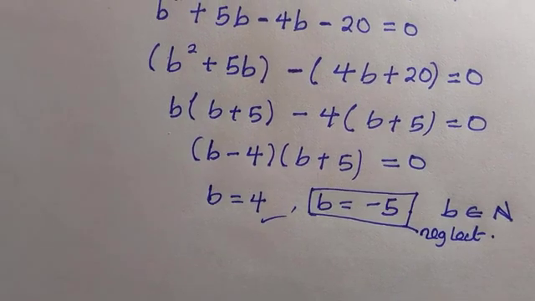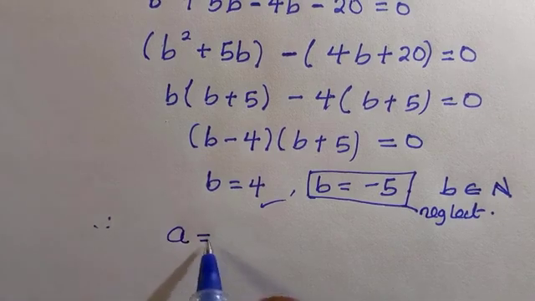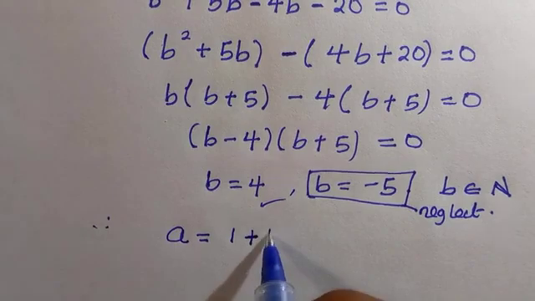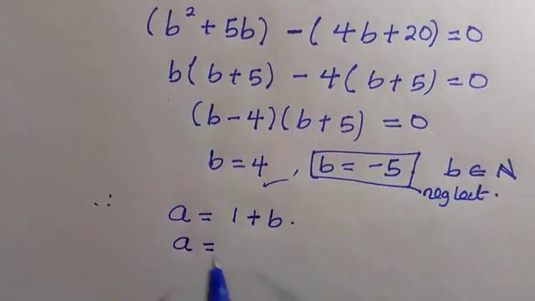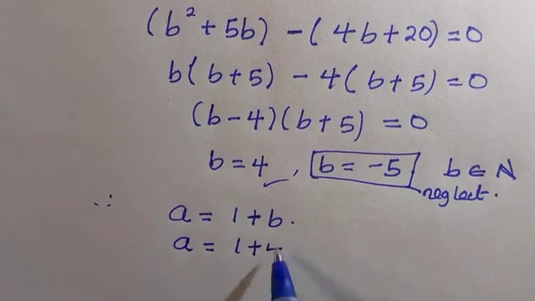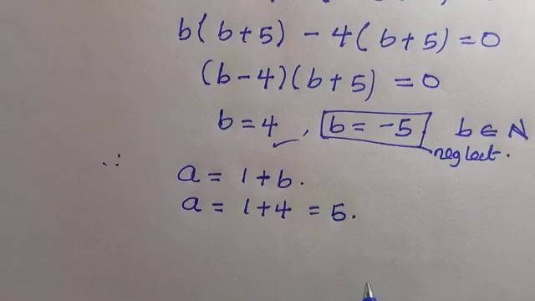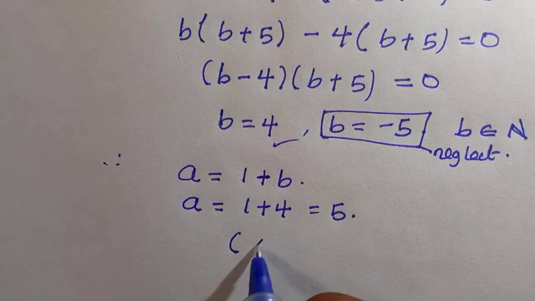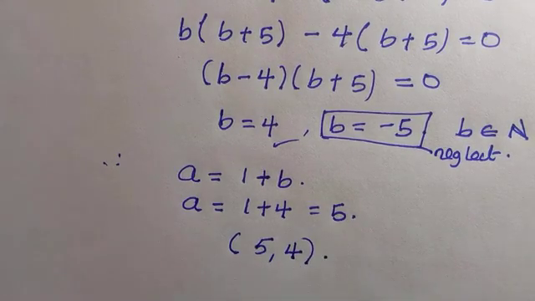To get the value of a is very simple: just come to where we let a equal 1 plus b. Since b equals 4, a equals 1 plus 4, which equals 5. We have gotten the two values of a and b, which are 5 and 4, and here is the pair of solutions.